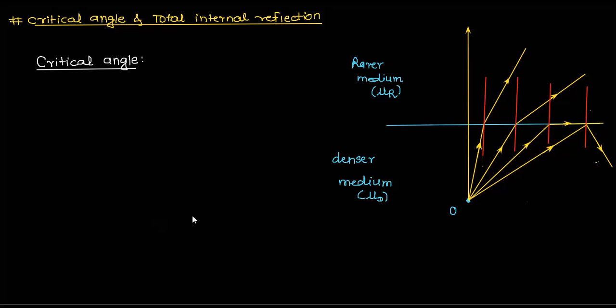So this angle I am denoting now. This is suppose R, this one is I. Then this one is R1, this one is I1. This is 90 degree. And this I am denoting as IC. IC means critical angle. And this is again I2, and this one is R2.